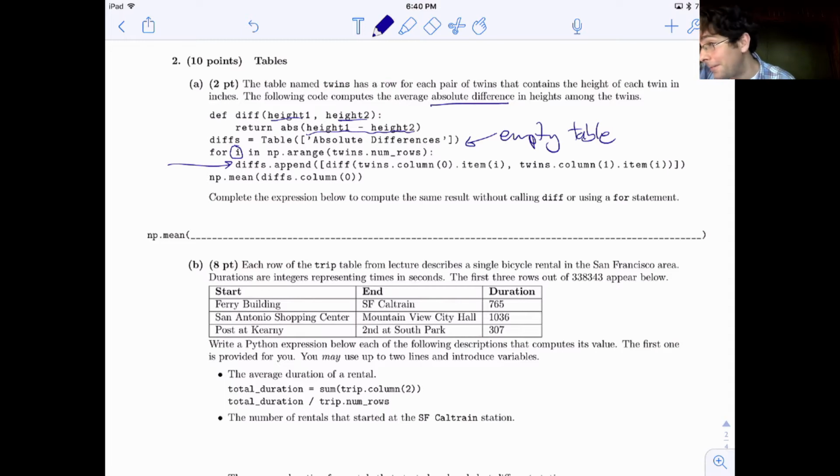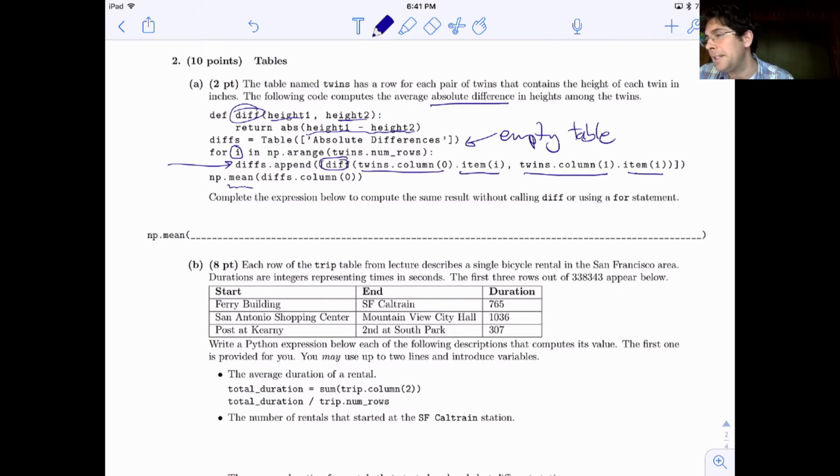We're going to find the twins column 0's ith element. So that's like the ith twins, first twins height. And this is the second twin's height for the ith twin. So these are, in fact, comparing 2 different twins in the same twin couple. And we call our diff function, that's this function that we defined up here, in order to compute the difference between the heights. And append that to the table, and then we take the mean, which is the same as the average, of all of the diffs that we've computed.